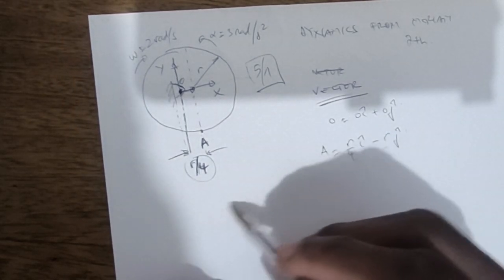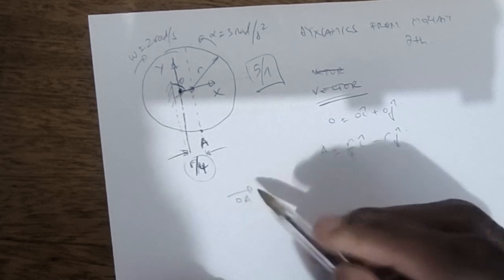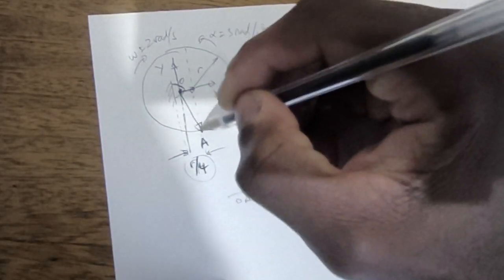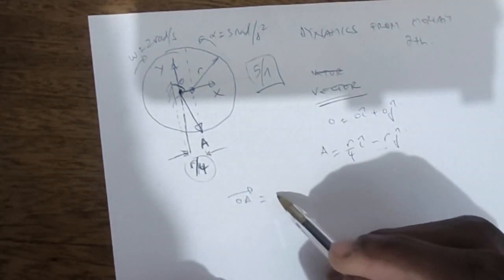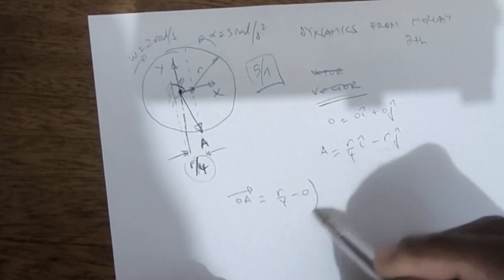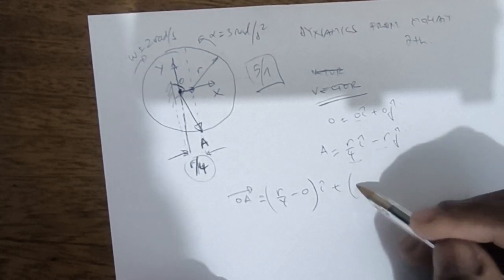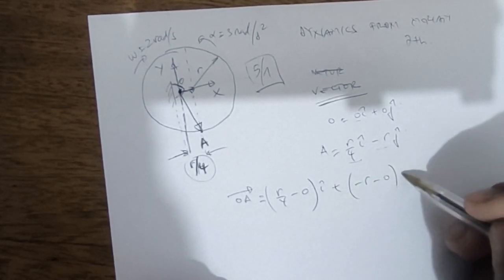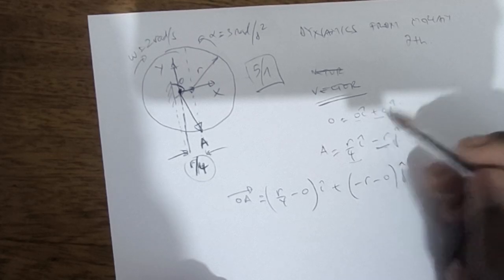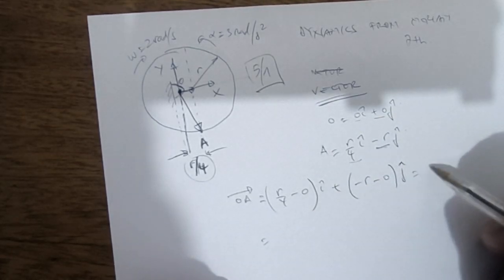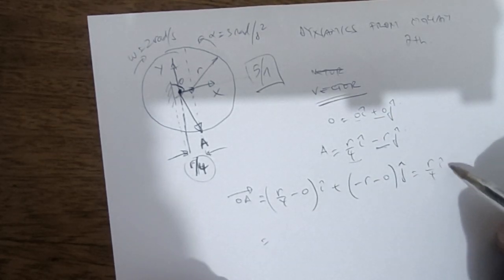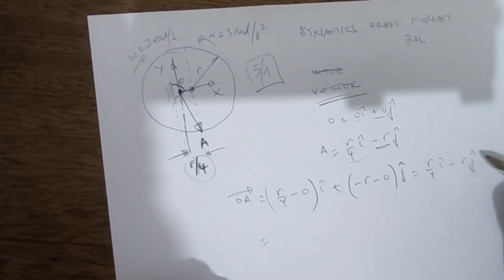From here we can compute the vector OA, which is this vector here. It is R quarter minus 0 i plus minus R minus 0 j, so I take this one minus this one. We have R quarter i minus R j.